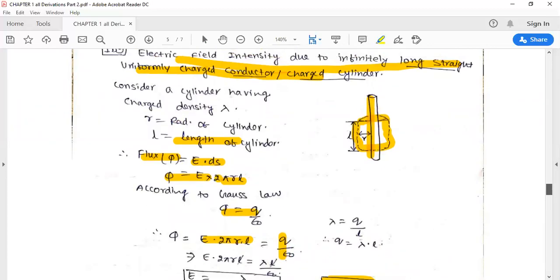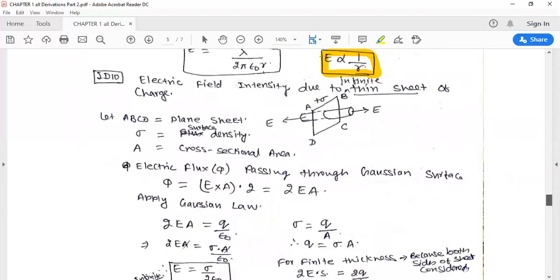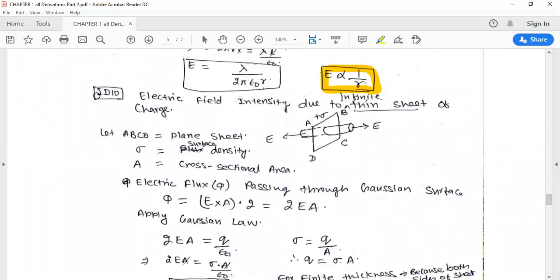So E is inversely proportional to the radius in the case of an infinitely long straight conductor. Next, idea 10 is to derive the electric field intensity due to a thin sheet of charge. Suppose there is one thin sheet here, and ABCD is a plane sheet, and sigma is the surface charge density. Since there is a sheet, we have to use surface charge density sigma. A is the cross-sectional area.